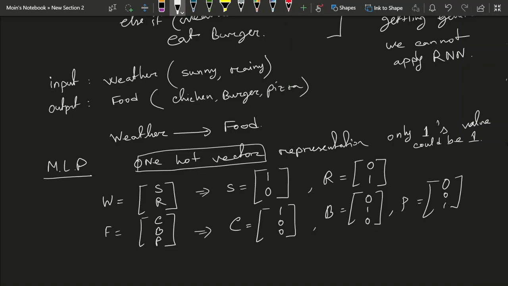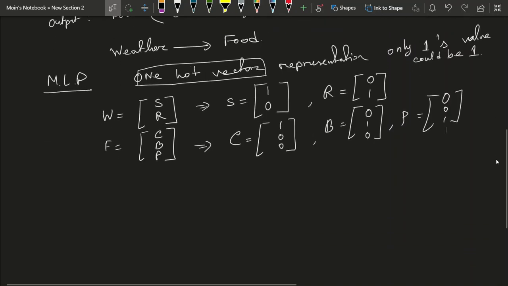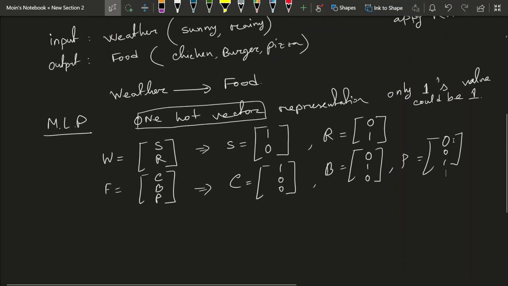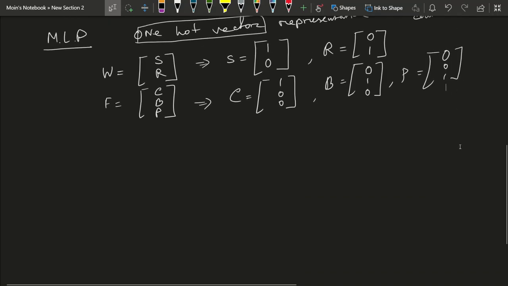So if we have the one hot vector representation, we can easily map the previous input-output mapping problem into an MLP. For example, let's take two nodes as our inputs. Inputs would be weather, sunny and rainy.